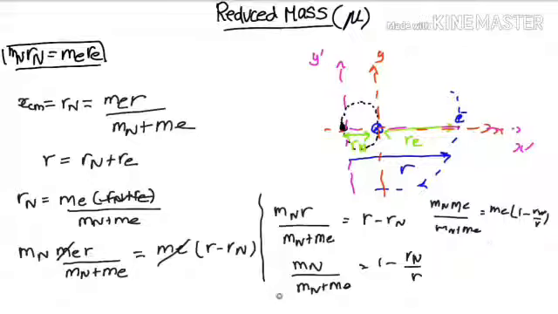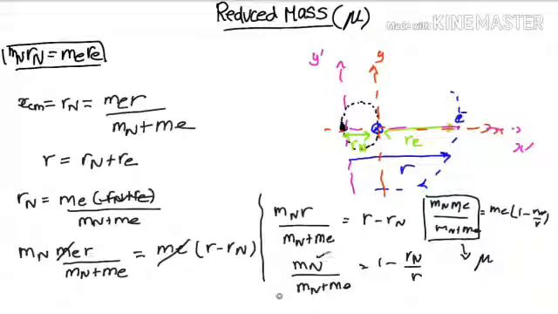So Mn times Me divided by Mn plus Me, this is known as the reduced mass. So you can define that the reduced mass is the mass of the electron times 1 minus Rn, which is the separation distance between the nucleus and the common center of mass, divided by R, which is the separation distance between the electron and the nucleus.